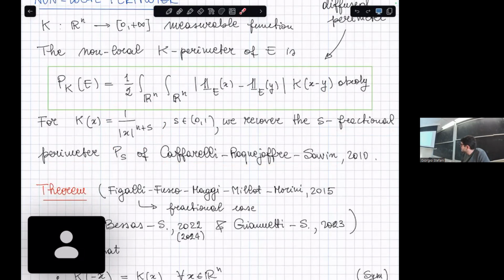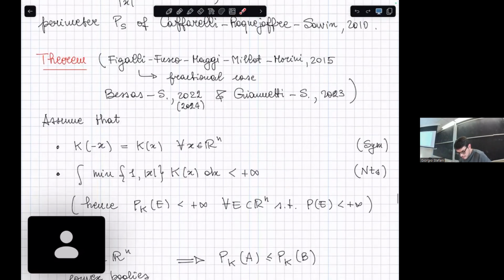Point is that, question: is this perimeter, this is some kind of perimeter function because it is considering the interaction between being in the set or not. So it is something connecting to the boundary of the set. So the idea is it's a weighted perimeter, but in a non-local sense. So the question is: is this perimeter monotone?